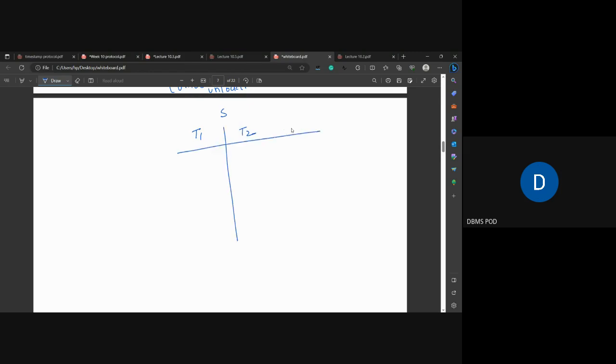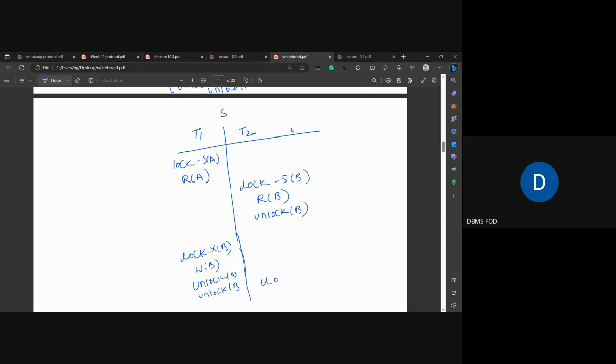Suppose a shared lock is applied, then read A, then again shared lock B applied, read B, unlock B. Then again an exclusive lock is applied, write B, unlock A, unlock B. Here again a shared lock is applied.